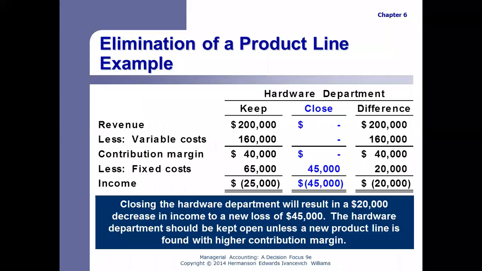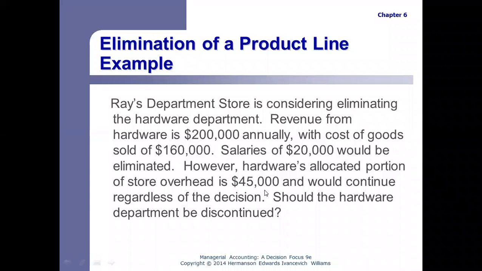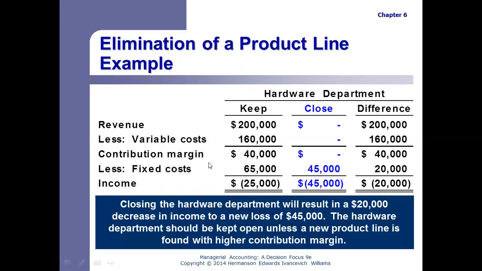So that $45,000 allocation of overhead is the overhead cost of the store as a whole that's charged to each department, and $45,000 of that total overhead is charged to hardware. Just for now, look at this keep column. This is what's happening right now. The revenues are $200,000.